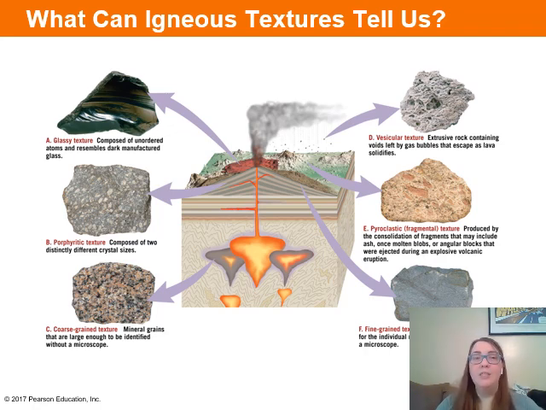This is the one that's both intrusive and extrusive. It has 2 stages of cooling, where it starts off cooling very slowly deep inside of the earth, and then it's been uplifted, pushed to the surface, where it starts cooling off more quickly, and you're going to get that very fine-grained groundmass separating each of these larger crystals or phenocrysts.